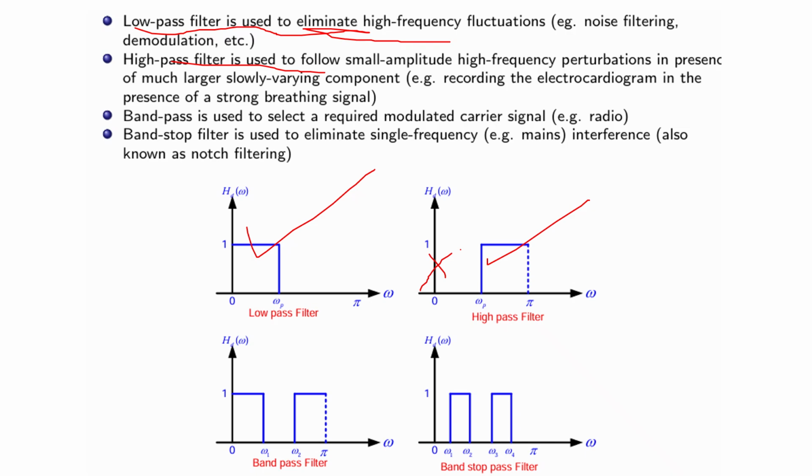Similarly, band pass will pass only the selected frequency, this one or this one or even this one and this one, right? And band reject means it will not pass this one, and also it will not pass this one, and this one, and this one also it will not pass. So like that, the portion you are not passing, that is band reject.